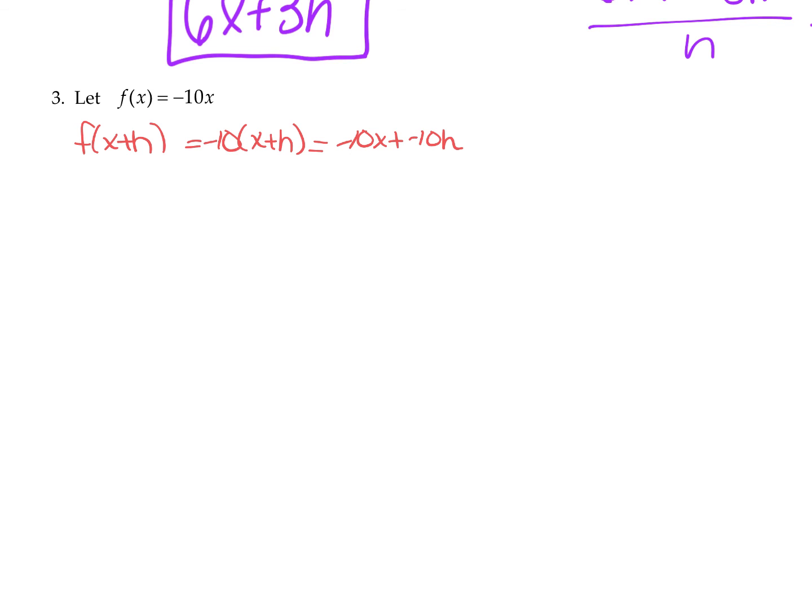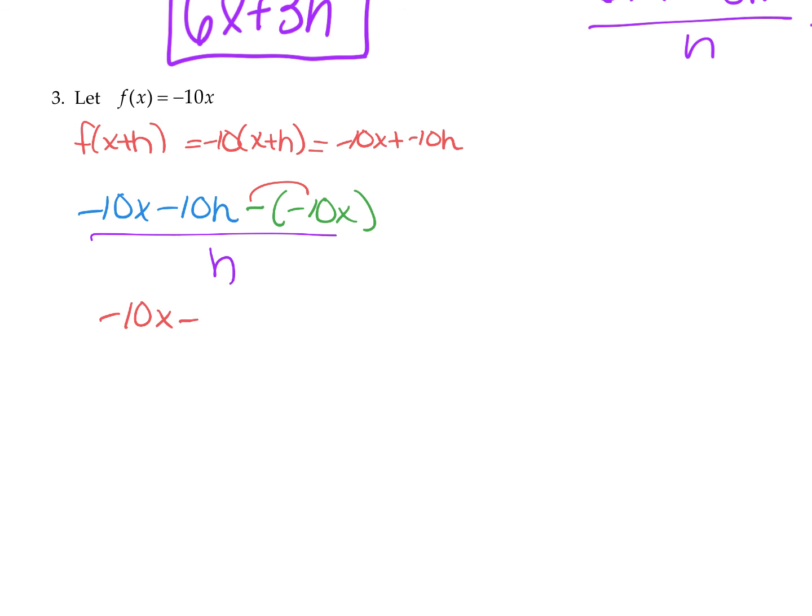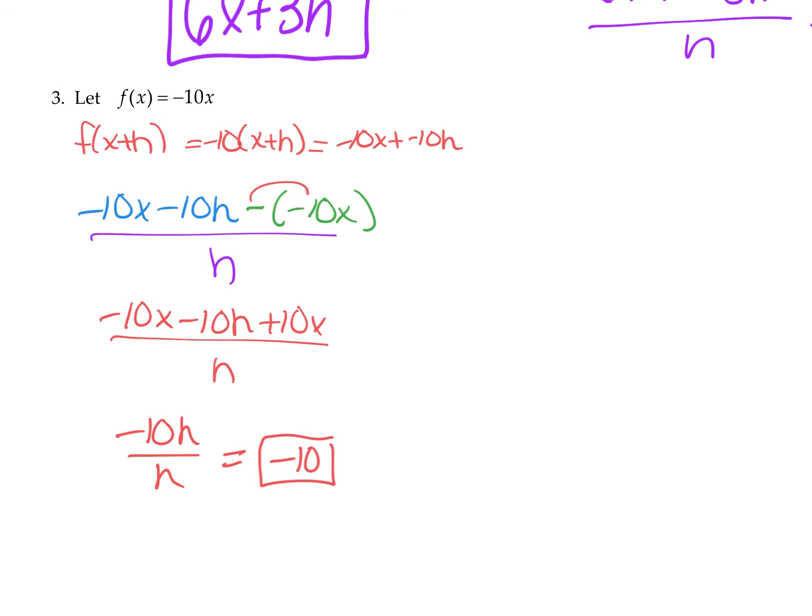Now I'm going to take that, negative 10x minus 10h, and I'm going to subtract that from the original function, which is negative 10x, and that's all going to be over h. Once I distribute, I'll have negative 10x minus 10h plus 10x all over h. Well, that'll simplify to negative 10h over h, which will simplify to just negative 10.